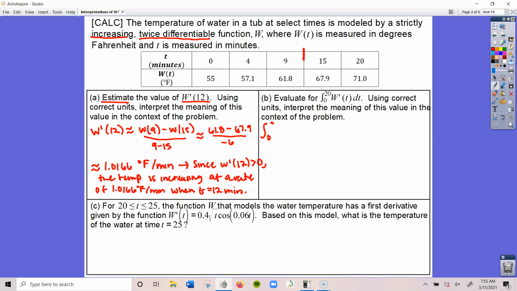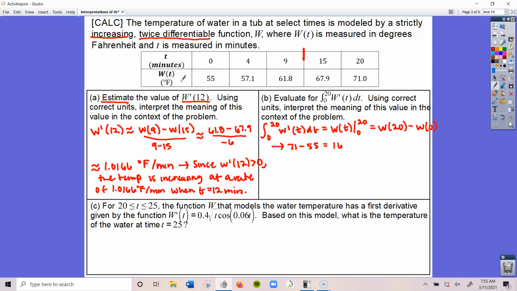So the integral from 0 to 20 of w prime of t dt is going to equal w of t evaluated from 0 to 20, which is equal to w of 20 minus w of 0. Now w of 20 is 71, minus w of 0, which is 55. And 71 minus 55 is 16.